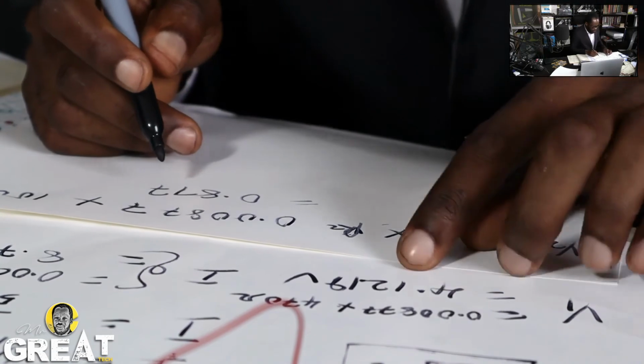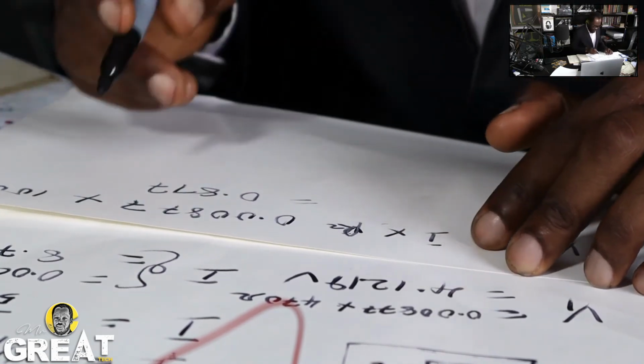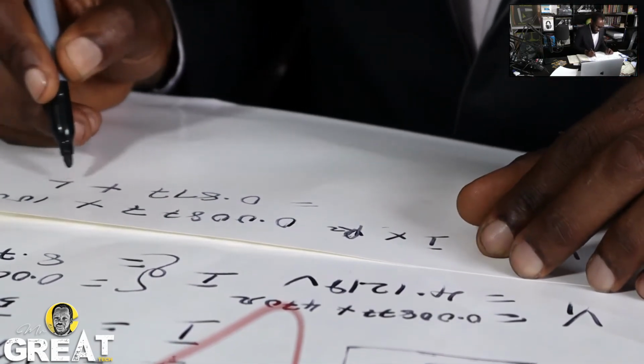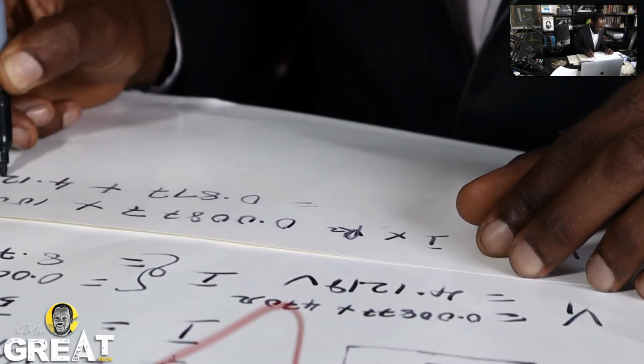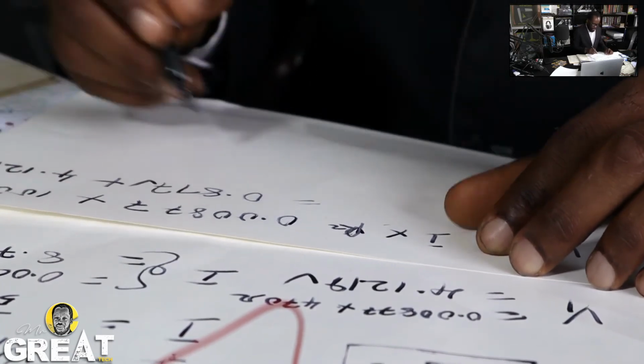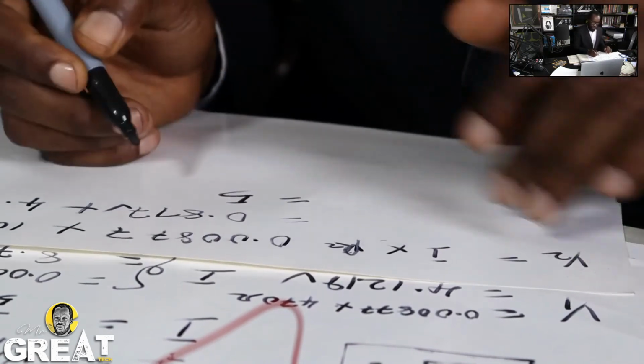You have 4.1219 volts plus 0.877 volts. You will have 5 volts, which is the summation.